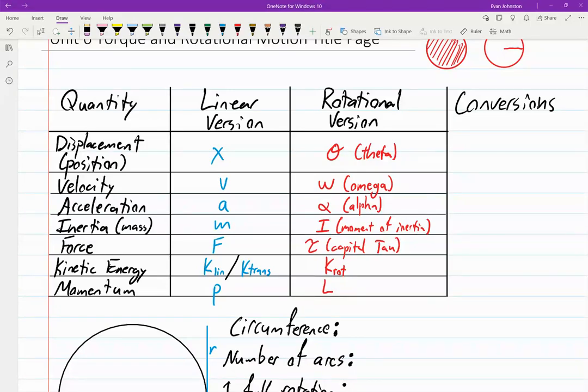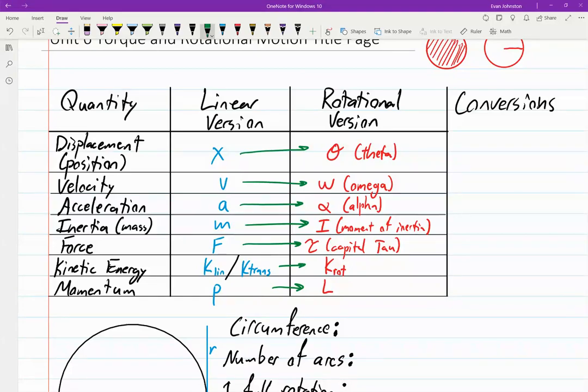We're even going to have Newton's second law again, F equals ma, but it will be instead torque equals I alpha, because tau is replacing F, I is replacing m, and alpha is replacing a. So you kind of see this direct connection of just swapping each of these to the new version. That's really all we're going to be dealing with this unit.